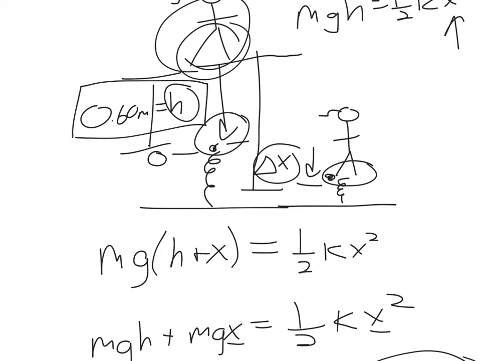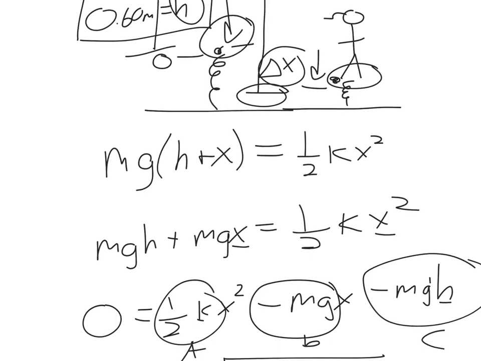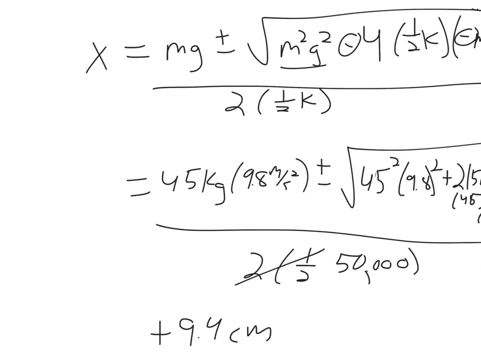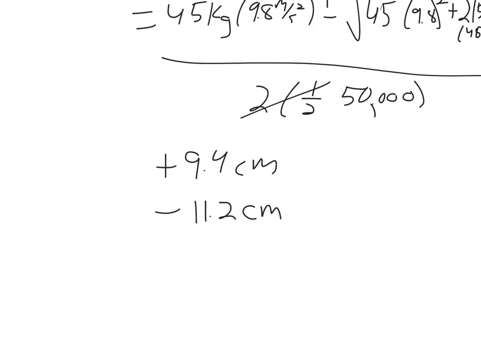Where does she end up? Below 0. So we do end up in the negative direction from the 0 point, which is the top of the spring. That's your key. So because we end up below the spring, that's minus 11.2 centimeters. All right. That's a tricky one.